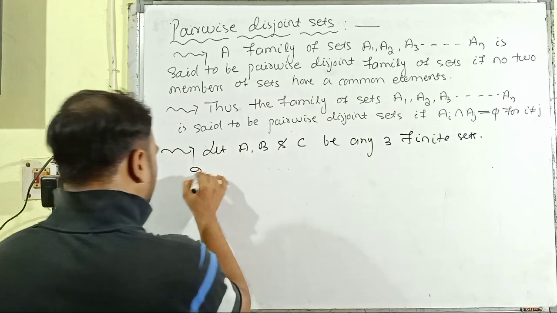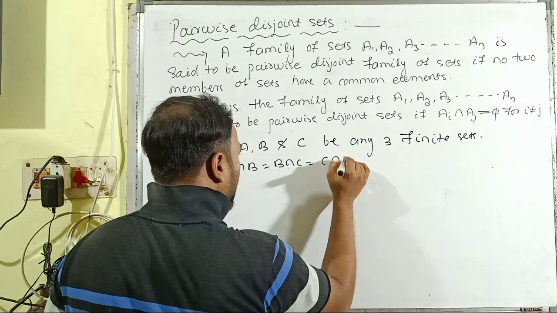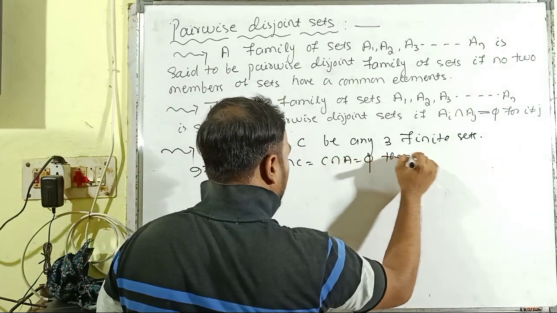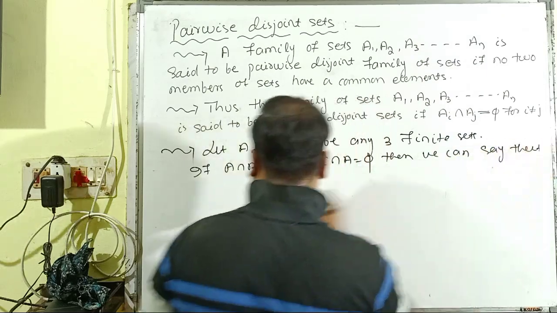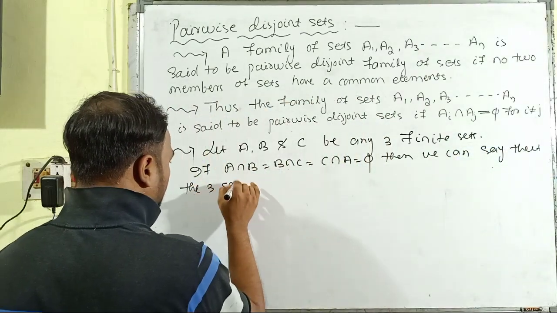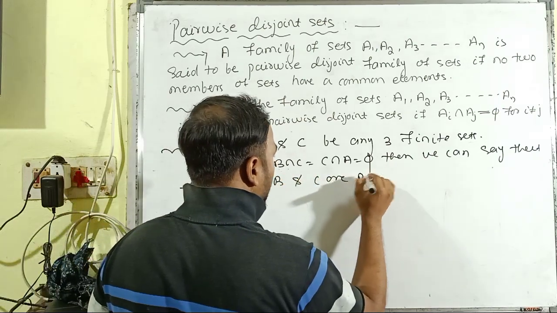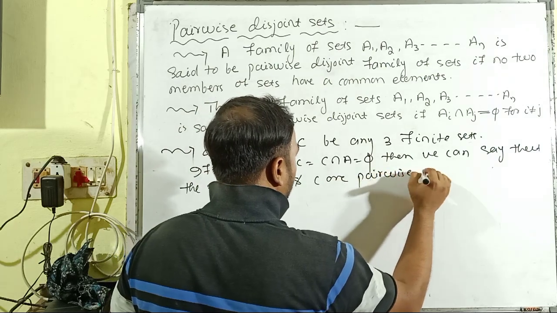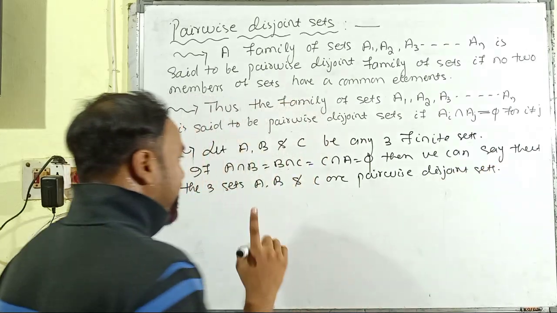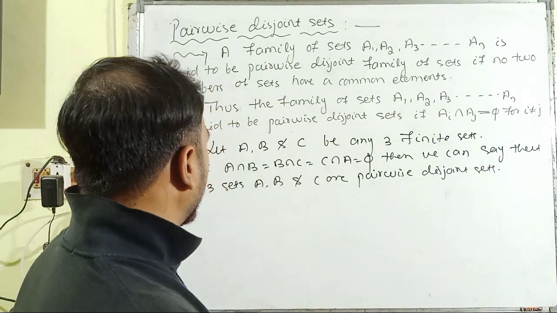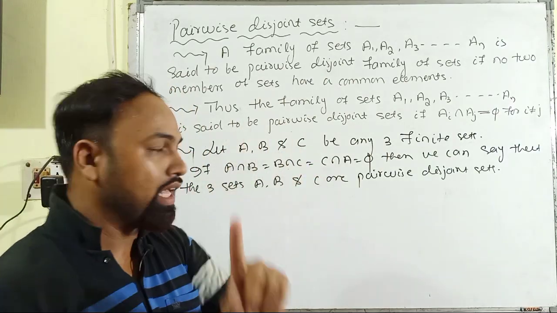Then if A intersection B, B intersection C, C intersection A are all equal to phi, then we can say that the three sets A, B and C are pairwise disjoint sets. That means we cannot get any common element in between any two sets. You can take A and B, you can take B and C, or you can take A and C.